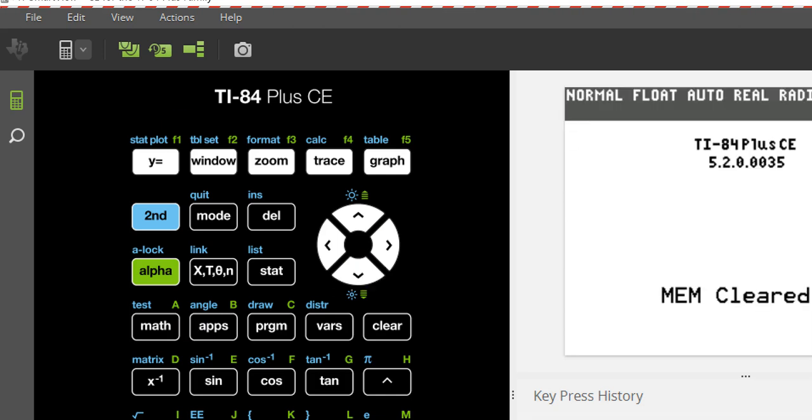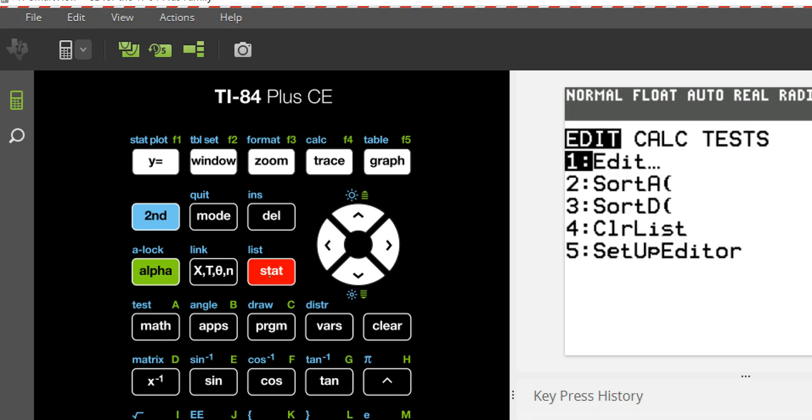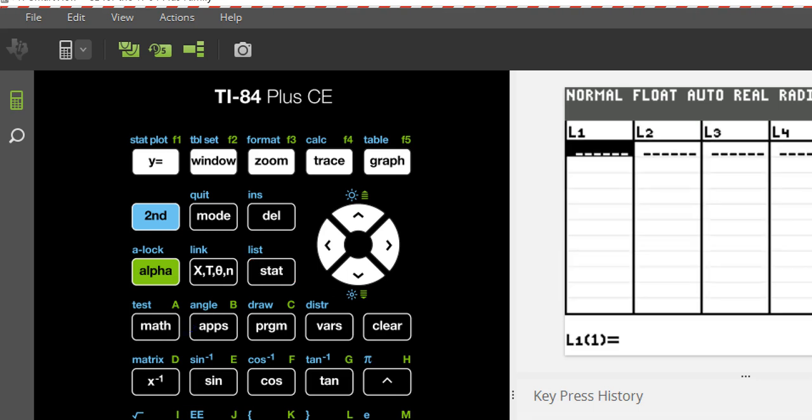What I've just done is wipe my calculator. Now I can go back to stat, edit, and what reappears? All your standard defaults, which is a good skill to have if you are completely messed up in the middle of a big exam or standardized test. You can reset your calculator.